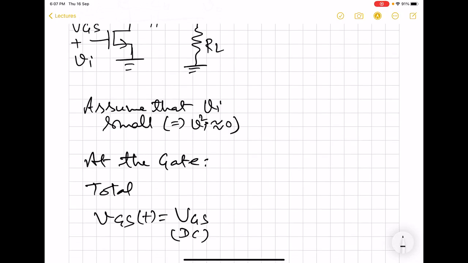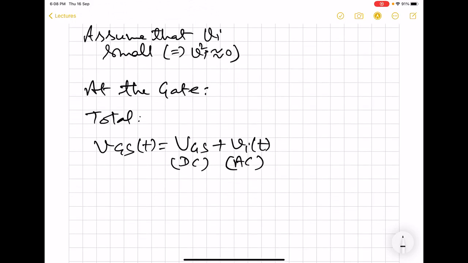The DC part, which is used for biasing the MOS, and the time varying part, which we will be calling AC, or it can also be called the RF part. So this is the story at the gate, and this Vi is of cosine form with amplitude equal to A.